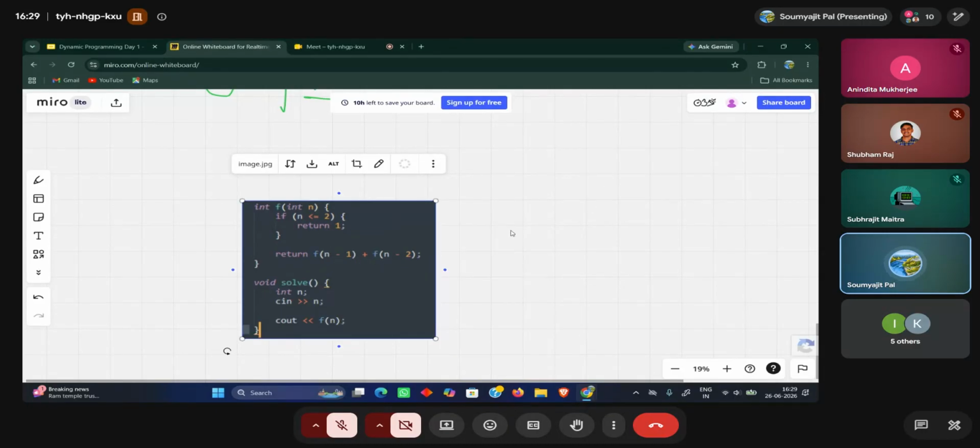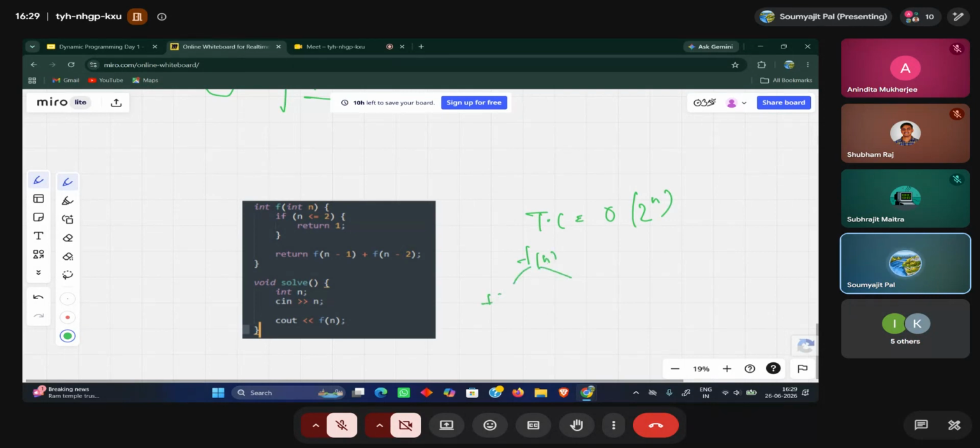So here the time complexity is basically 2 to the power n, exponential, because in each case I have divided into two subproblems, Fn minus 1 and Fn minus 2. Again, this is divided into Fn minus 2, Fn minus 3. I'm not at all storing the results, Fn minus 4 and Fn minus 3, like that.